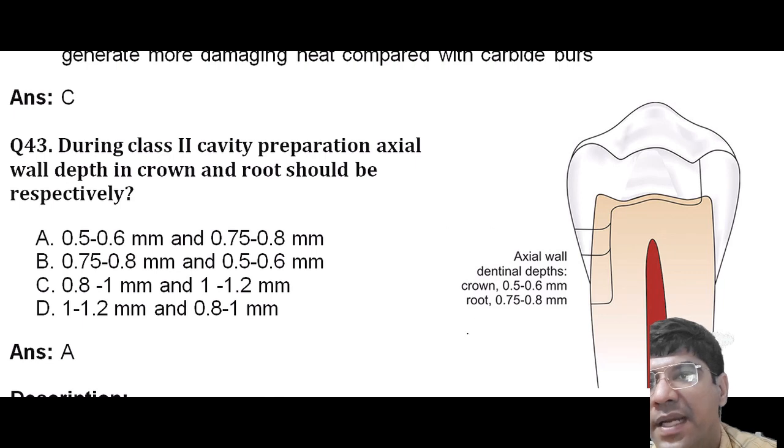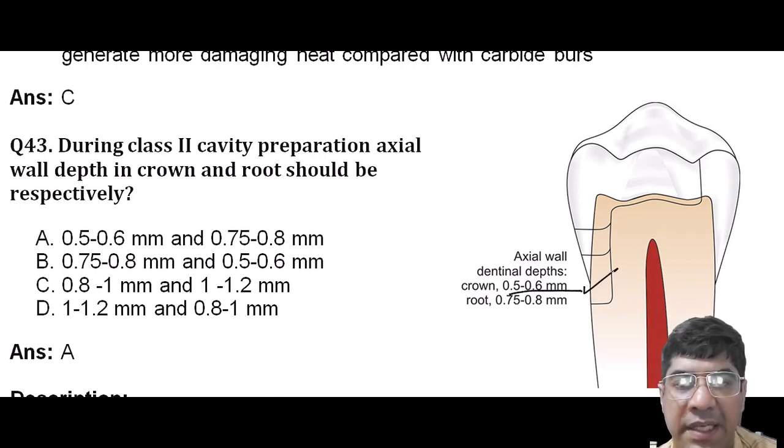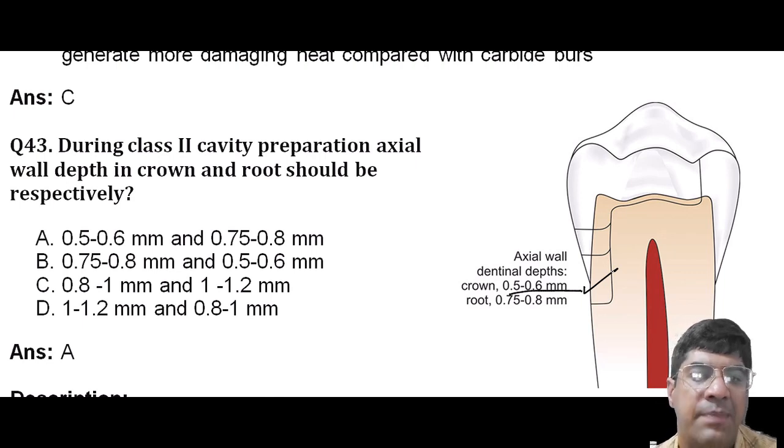Remember, the crown axial depth is 0.5 to 0.6 mm. It's within the enamel of the occlusal surface. The main objective is to remove the carious lesion or damaged enamel and provide space for the restorative material. A shallow depth in the occlusal portion helps to preserve as much healthy tooth structure as possible.